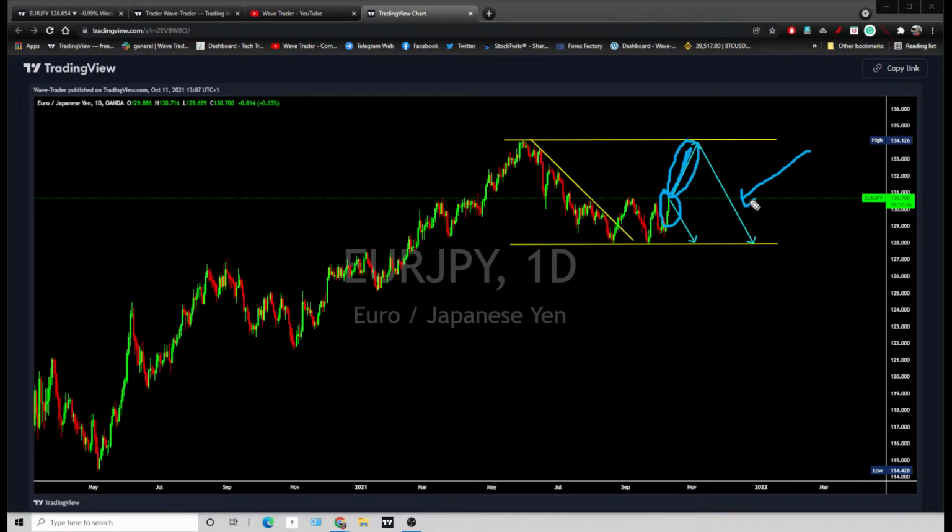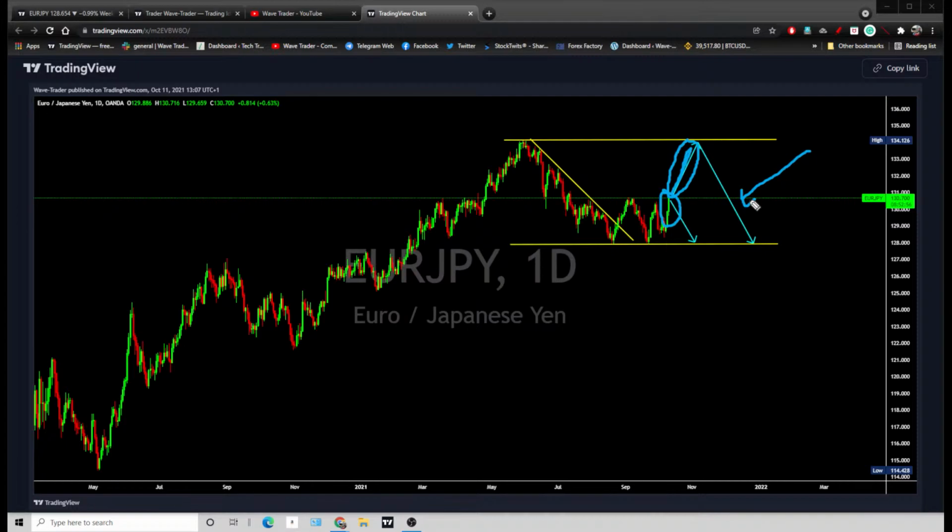Since the euro started being traded against the yen on the exchange, the euro has been struggling against the yen. So we have a longer term bearish trend on this chart, and the more predictable wave was that. Since then I was saying this was going to come.